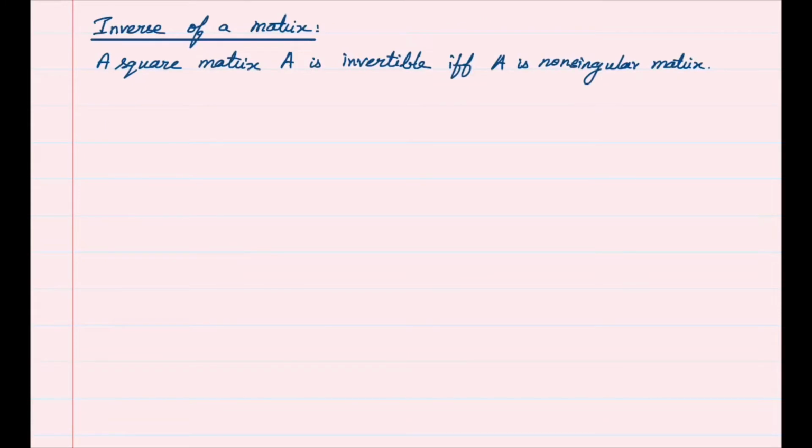Now, we will see the formula for inverse of a matrix. Remember, a square matrix A is invertible if and only if A is non-singular matrix. We know that A into adjoint of A is equal to adjoint of A into A is equal to determinant of A into I. If A is non-singular, we know that determinant of A is not equal to 0.